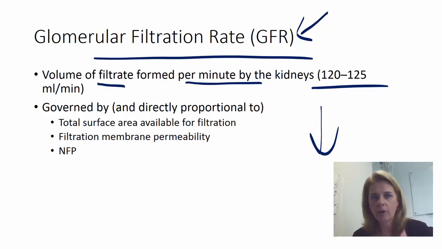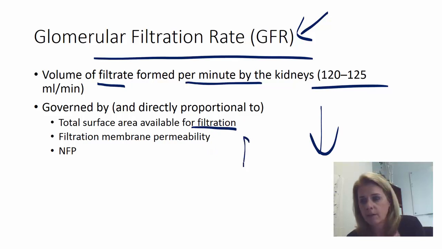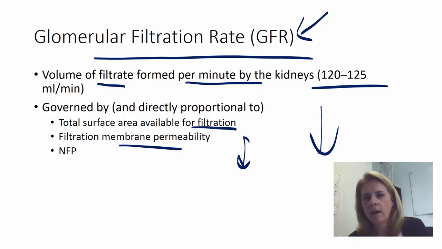And it's governed or controlled by several things. The total surface area available for filtration. So if you had kidney damage and maybe your glomerulus was damaged, you would have less surface area, right? The membrane permeability, maybe you have scar tissue that's formed on the membrane, so that could change the filtration permeability. And the net filtration pressure. So how many proteins are left in the blood? What's your blood pressure?